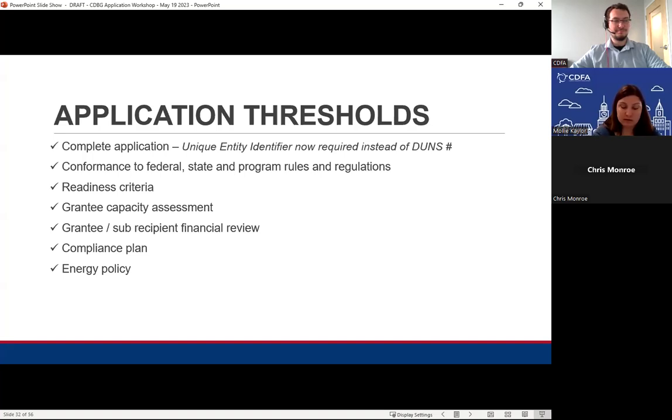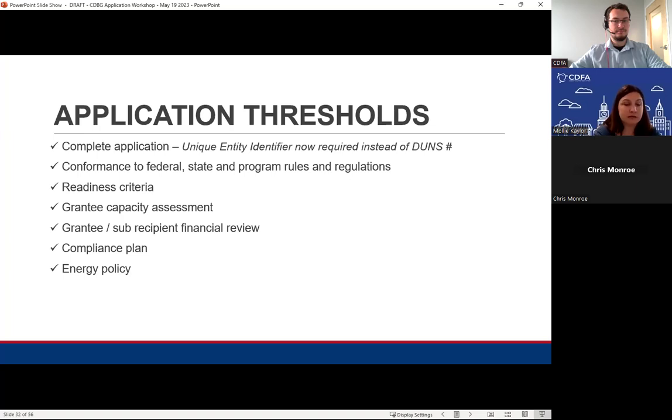And then we also review documents needed for CDFA to conduct grantee and subrecipient financial reviews. And this is to determine whether the CDBG funds are needed, and also that both the applicant and the sub-applicant have the capacity to successfully carry out the project on the financial side.